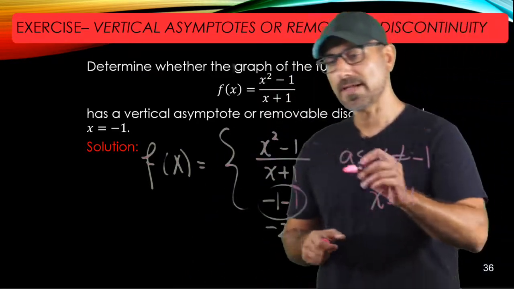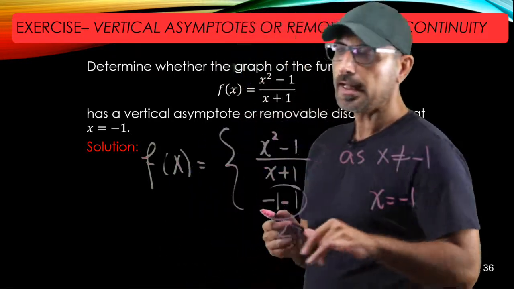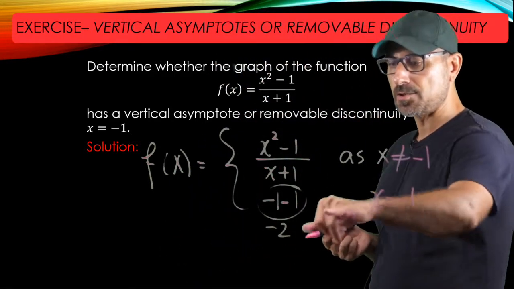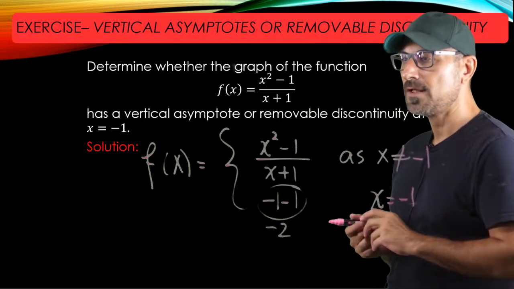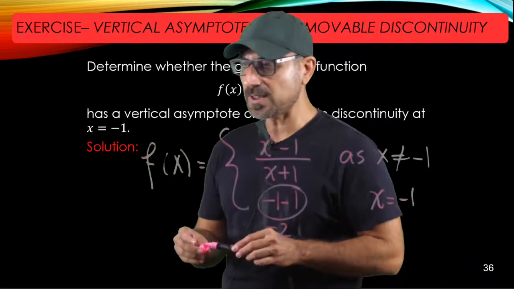Because I replaced the function by x minus 1, and at x equals negative 1, I can use that function to redefine f. So f is redefined this way as a piecewise function.